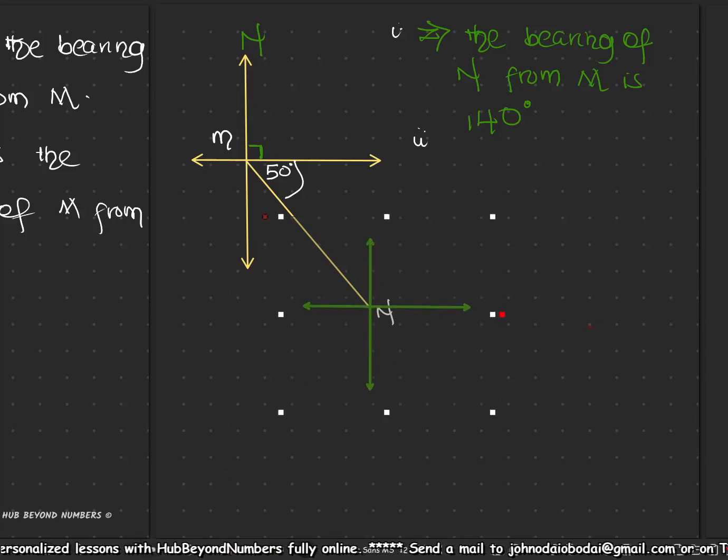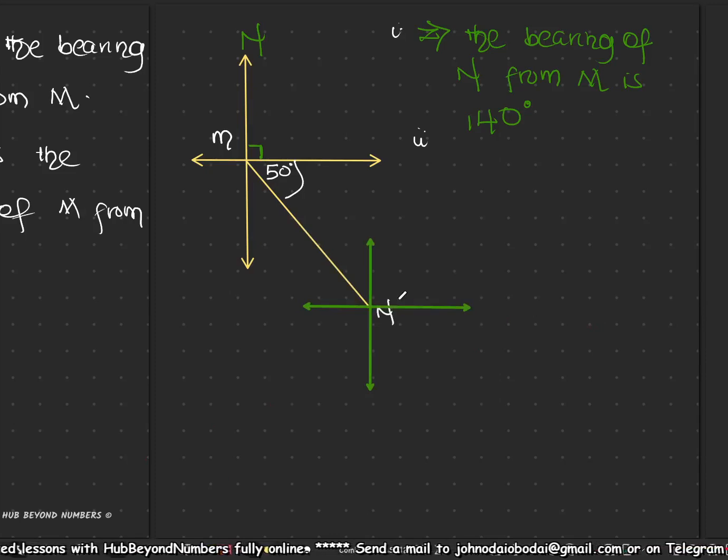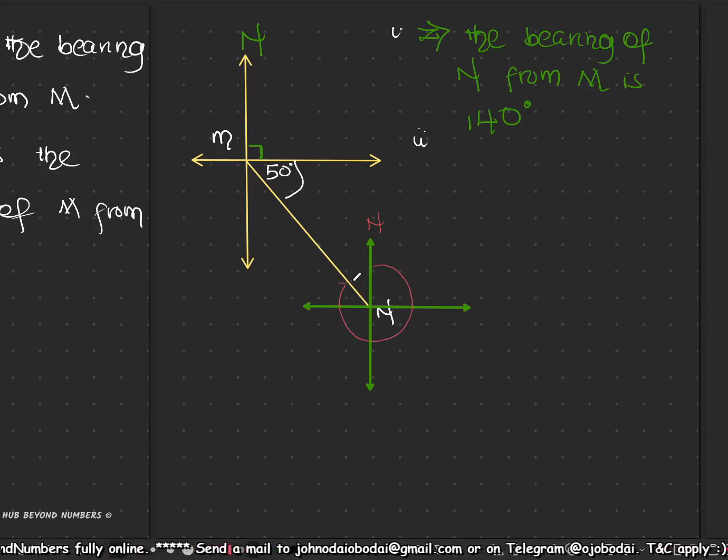What do we want to measure? We want to measure the angle all the way from the north over here. This here is my north. So you're measuring all the way from this side back here. That is going to give us our back bearing. You see, this is actually longer.